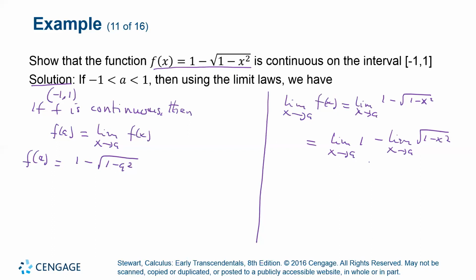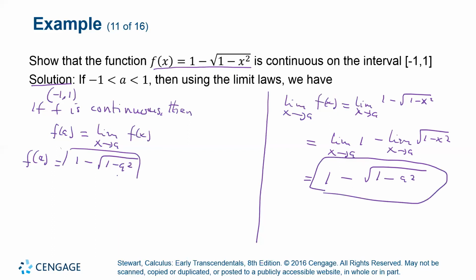Now I'm using law number 2, difference. Then law number 6, which is actually 7, that the limit of a constant is a constant. So this is 1 minus the square root of 1 minus a squared. Now look at this expression here, and look at this expression here. See that they are equal. So it means that this is true.